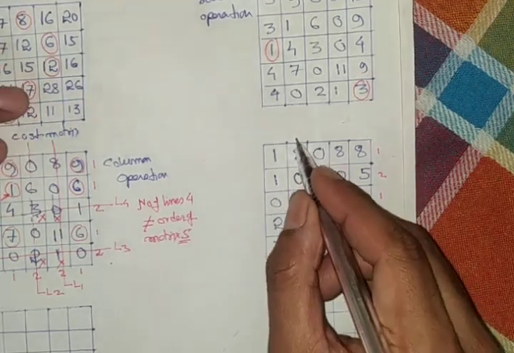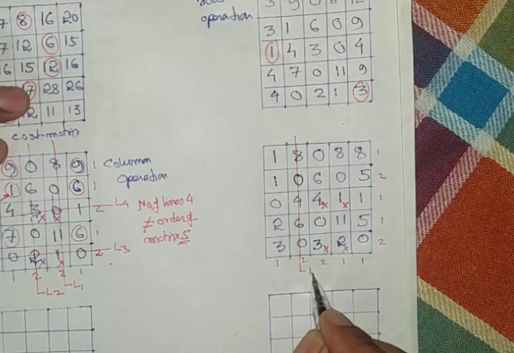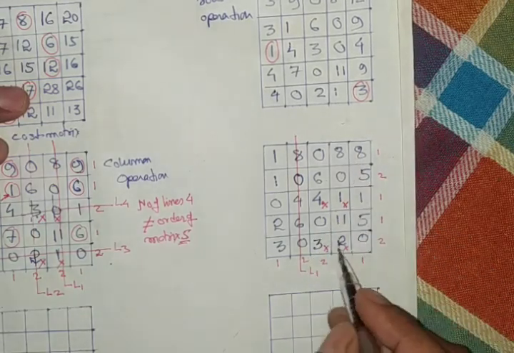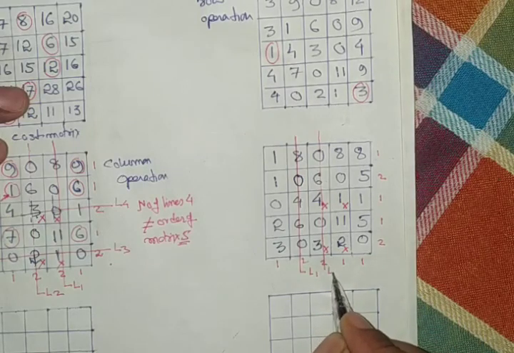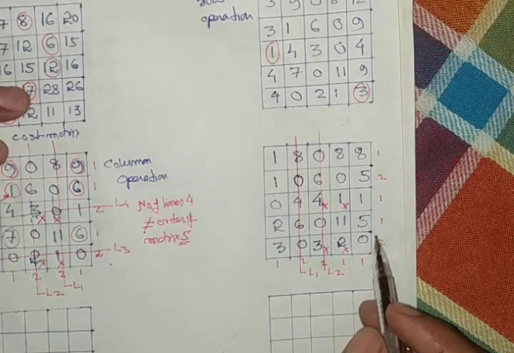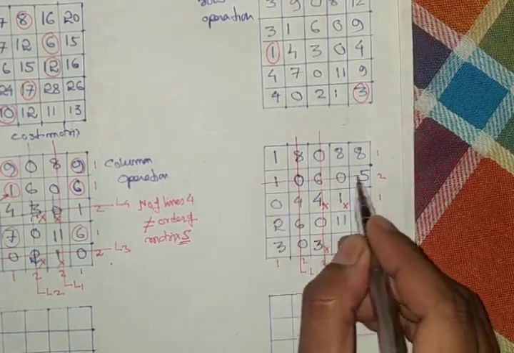So if I draw a line here, this is line number 1, this is line number 2, then line number 3.